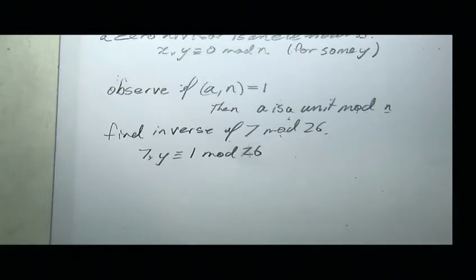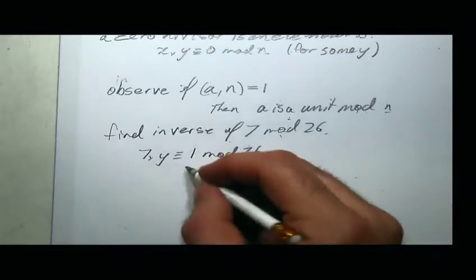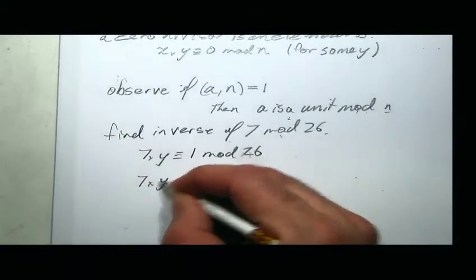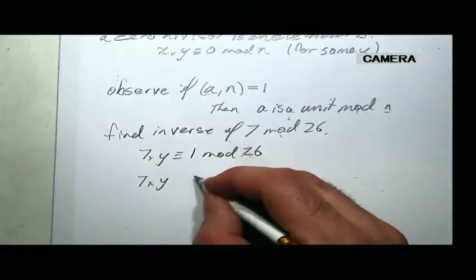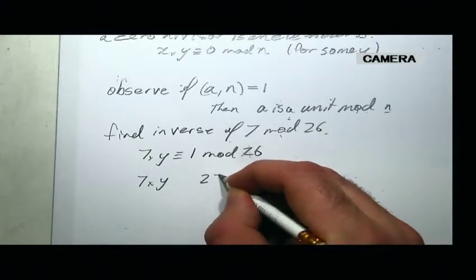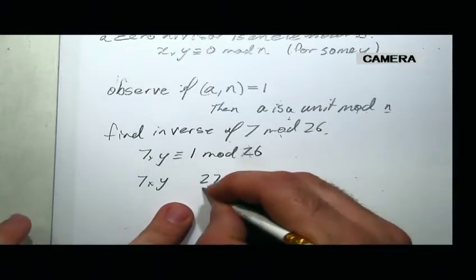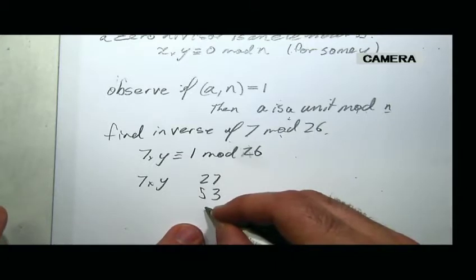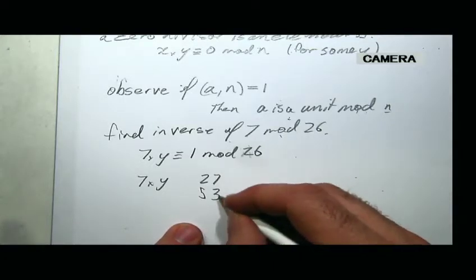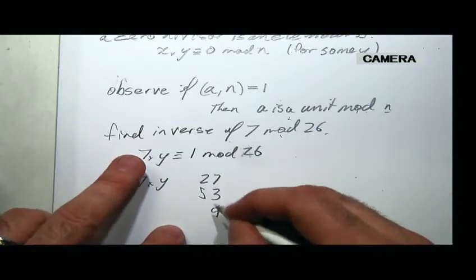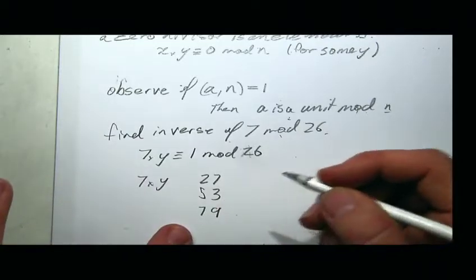Now, if you ask me to do this, what I'm going to do is write all the numbers which are congruent to 1 mod 26. So 7 times y could be equal to 27 or 53, or what was that? If I'm adding 26, that's going to be 79.